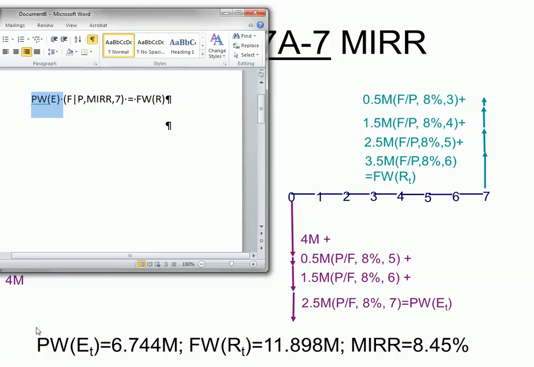So now that's what we're going to plug in, 6.744 multiplied by the future amount given present at MIRR, 7, and then here the future value of receipts is this much, so that's what we're going to plug in, 11.898 million.